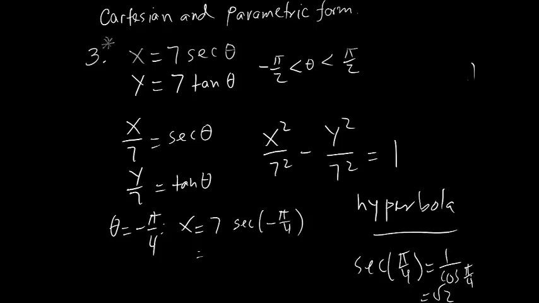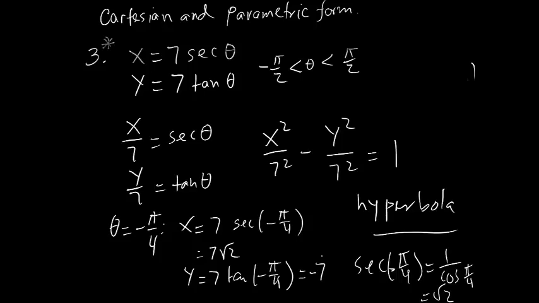After simplification it is just radical 2, and cosine is an even function, so the negative goes away. So x equals 7 radical 2, and then y will be 7 tangent negative pi over 4. I'm using the reference angle. Tangent is an odd function, so the negative will go in front, and tangent pi over 4 is 1.